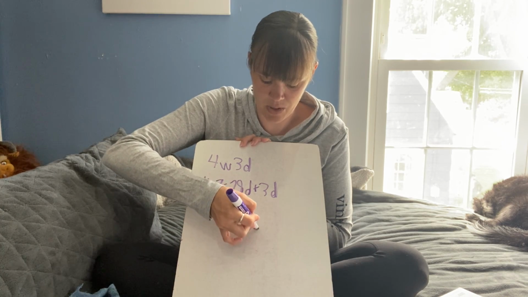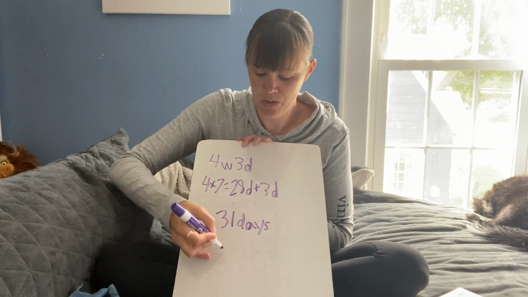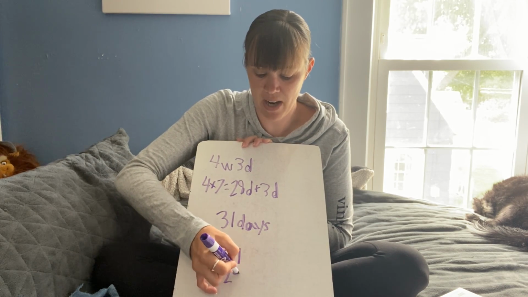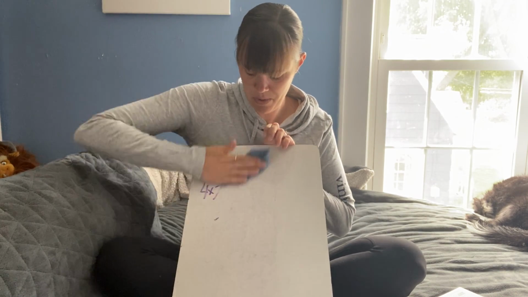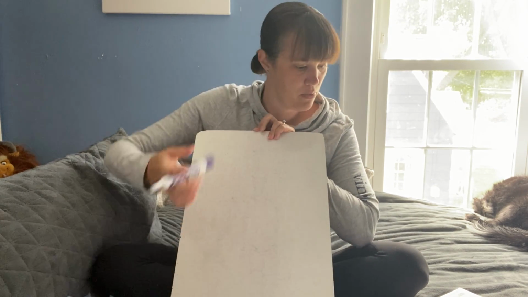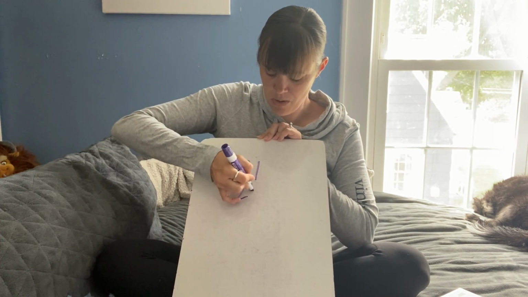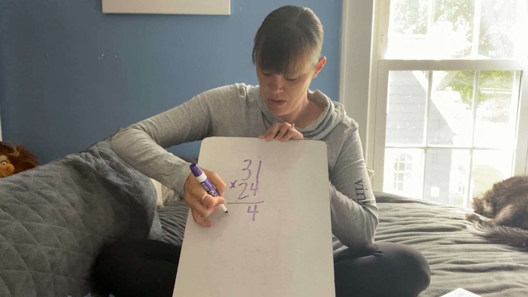Now that is not the question, is it? It says how many hours. So we take our 31 and multiply it by 24 hours in a day. I don't have enough room there, so I'm going to write it up here. So 31 times 24. 4 times 1 is 4. 4 times 3 is 12.